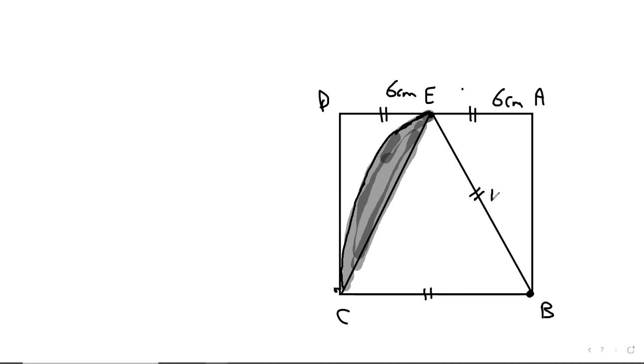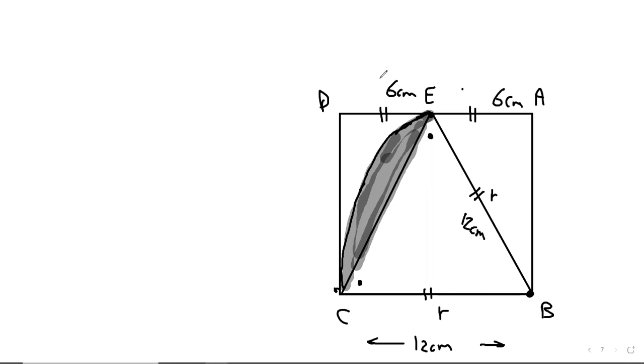So this is a radius, and this is a radius, so this angle is equal to this angle. The shape ABCD is a rectangle, so the length of BC is equal to 12, and also the length of BE is equal to 12 centimeters.